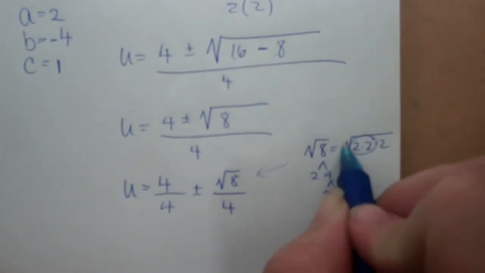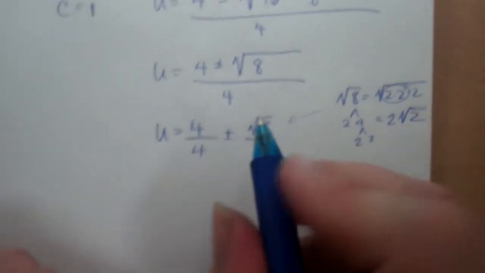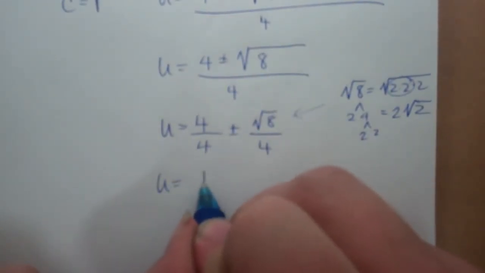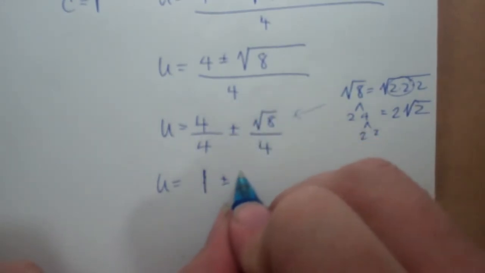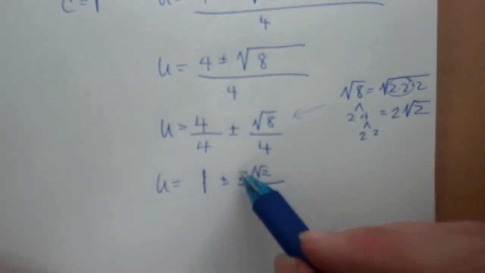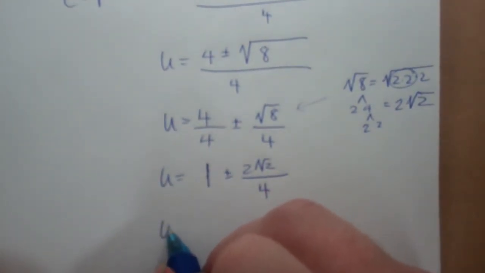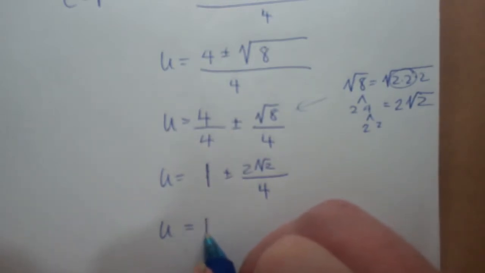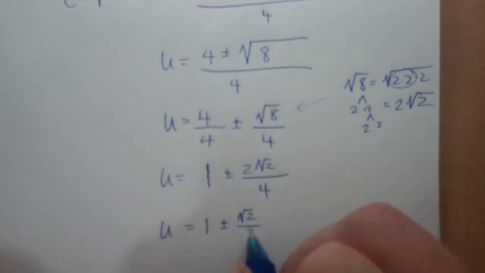We have a pair of 2s, so we can pull one out, so this becomes 2 radical 2. So this can be rewritten: u is equal to 4 over 4, which is 1, plus or minus 2 radical 2 over 4. This 2 over 4 is the same thing as 1/2, and so u is equal to 1 plus or minus radical 2 over 2.